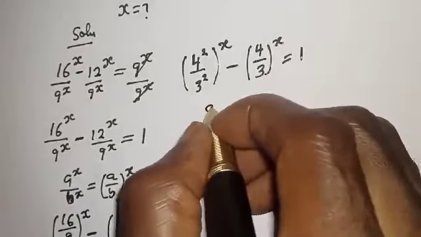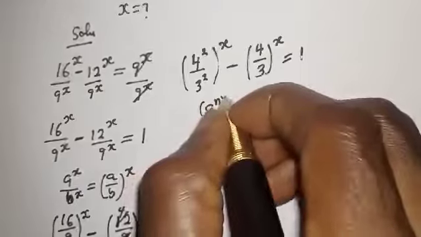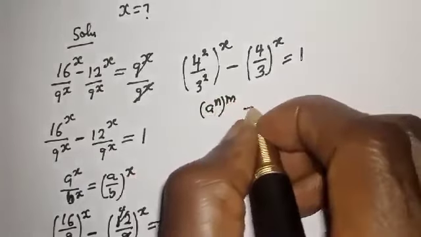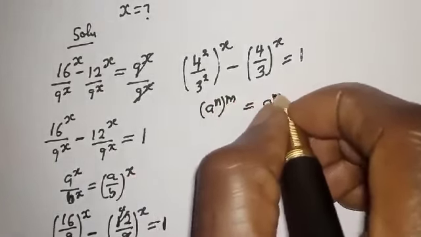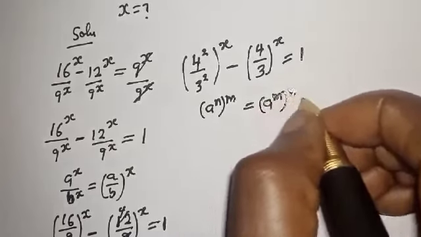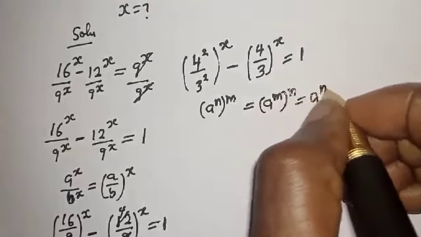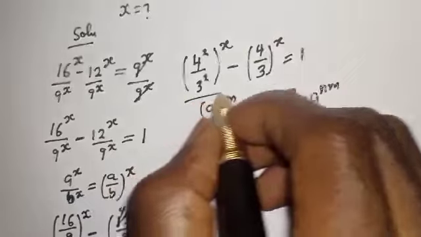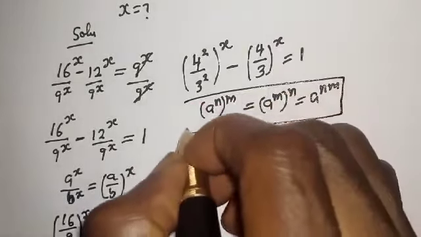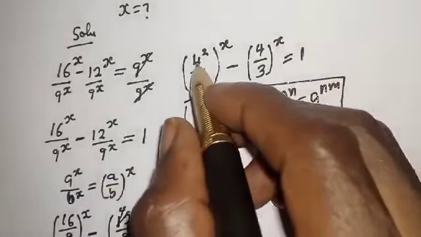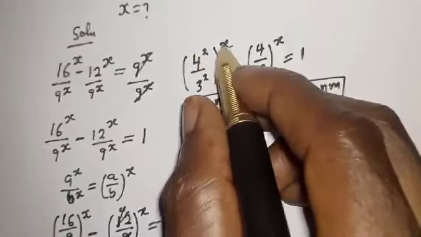Then if you have a raised to power n to the power of m, this is equal to a raised to power m to the power of n. This is equal to a raised to power nm. We bring the x in.